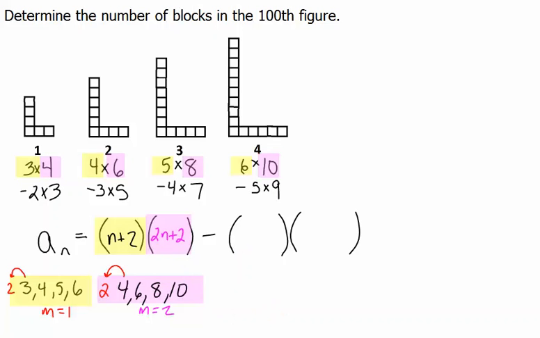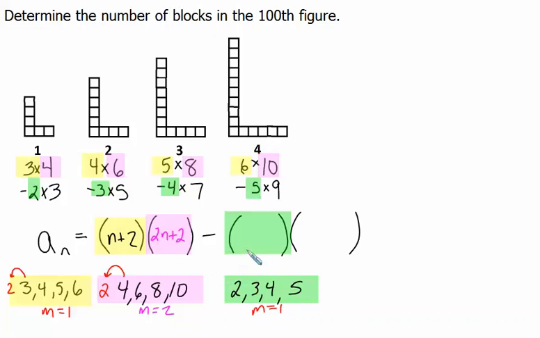Here's the next one. We are going to look at the numbers 2, 3, 4, 5. Now we could write that out as an arithmetic sequence. 2, 3, 4, 5. That sequence has a slope of 1.